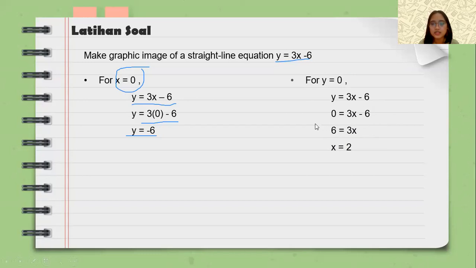And from these sides, we divide both by 3. So 3x over 3 is x, and 6 over 3 is 2.